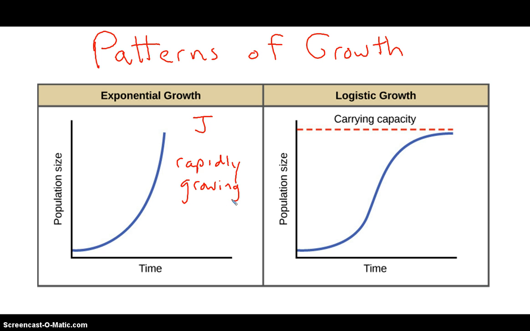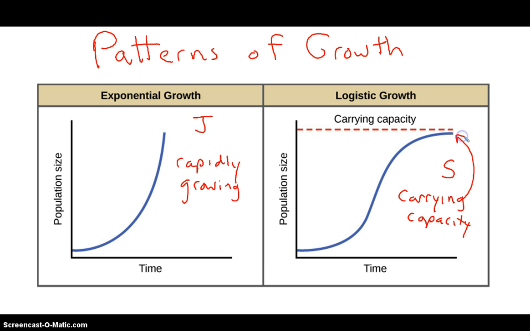And this is what happens in a population where there's something called high biotic potential, where there's no limiting factors. The population is allowed to reproduce as quickly as it's possible. Over on the right is logistic growth, and this is sometimes called an S curve. And this is a population that has reached something that's called carrying capacity.